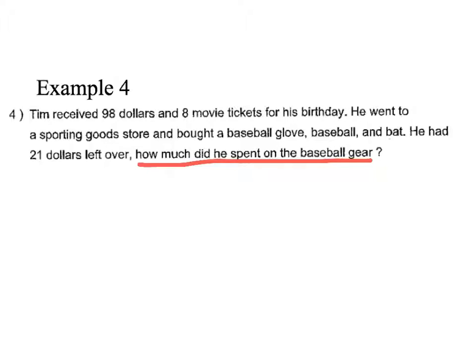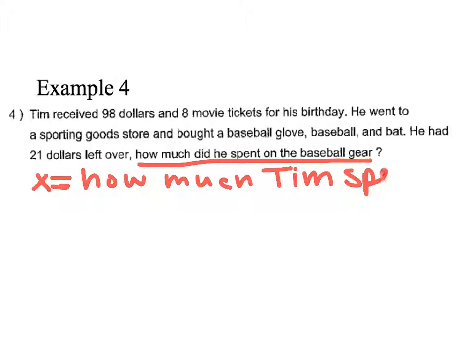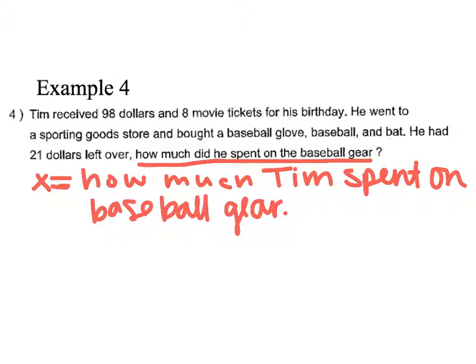How much did he spend on baseball gear is what we don't know. So X, Y, Z, whatever, pick a variable, would be how much Tim spent on baseball gear. That's your variable. That's the question you're trying to answer.